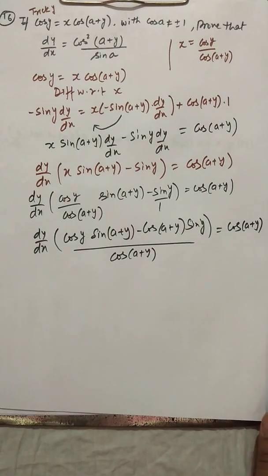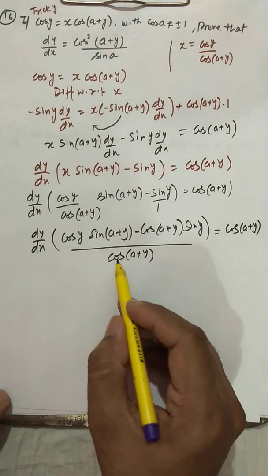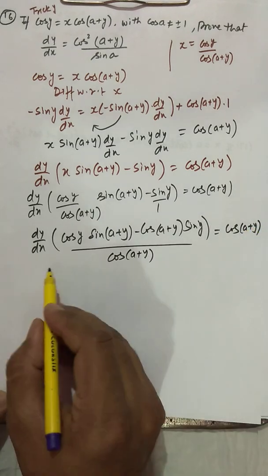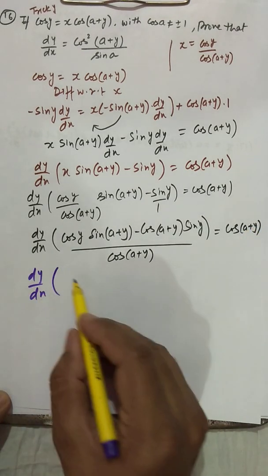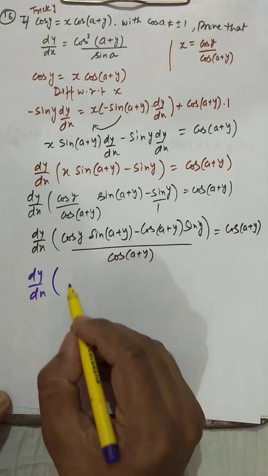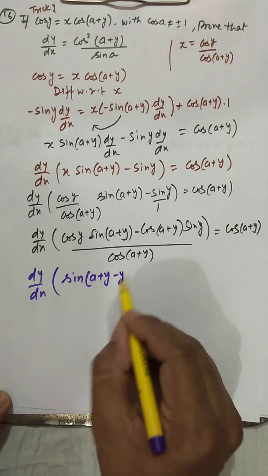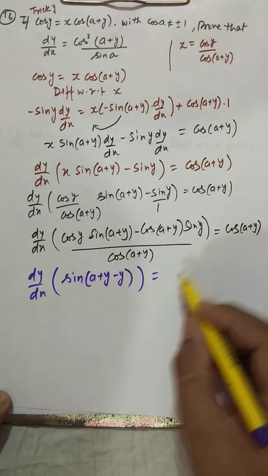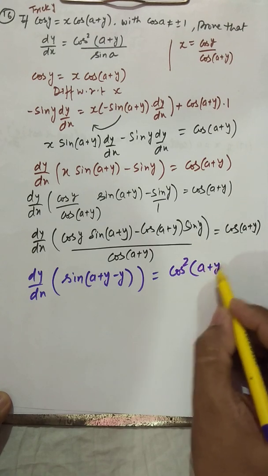So now you can see you are going towards your answer, but finally you have to decide what can be done further. So this cos will get cross multiplied by this, so dy by dx, and you can see this is cos y sine(a plus y) minus cos(a plus y) sine y, this is the identity of sine(a plus y minus y), and this will get multiplied by this, so it becomes cos square(a plus y).